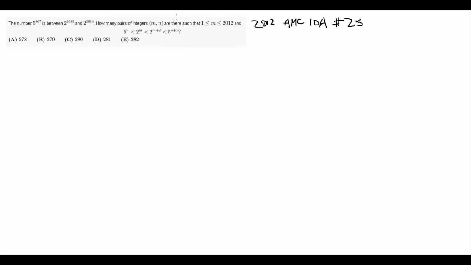So first, let's try to decode what the problem is really asking. This inequality right here, what does this actually mean? Well, it just means that we have powers of 5 from 5 to the power of n minus 1, 5 to the power of n, 5 to the power of n plus 1.